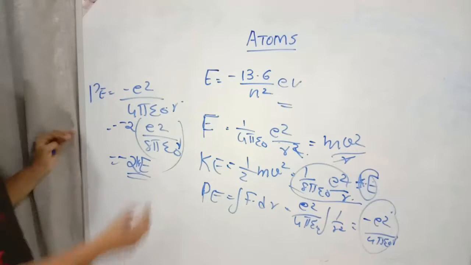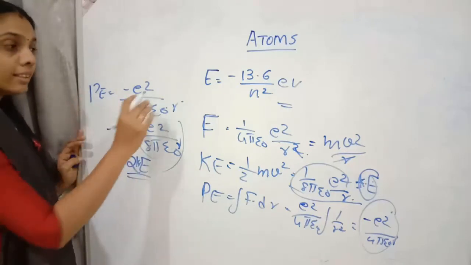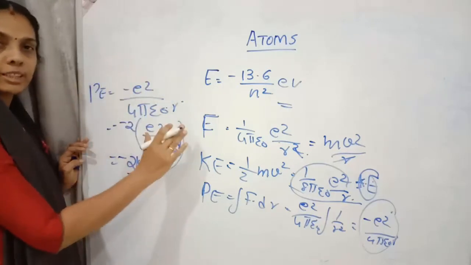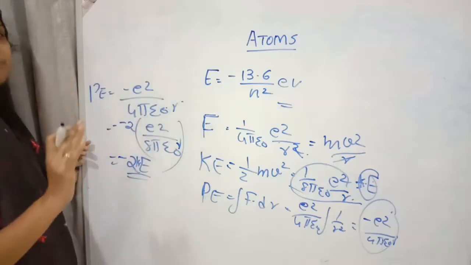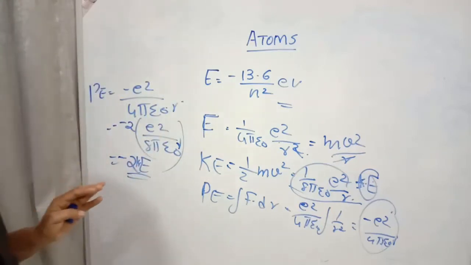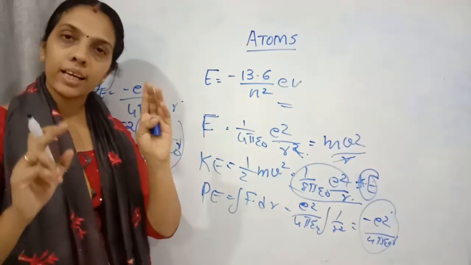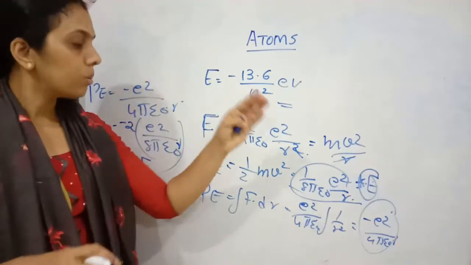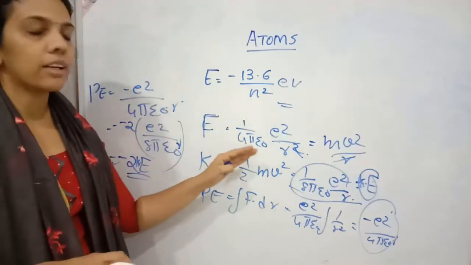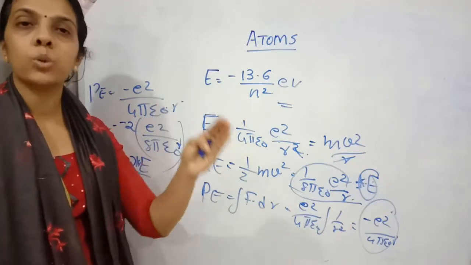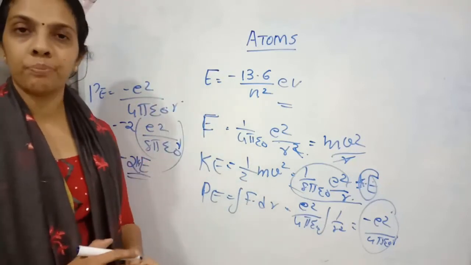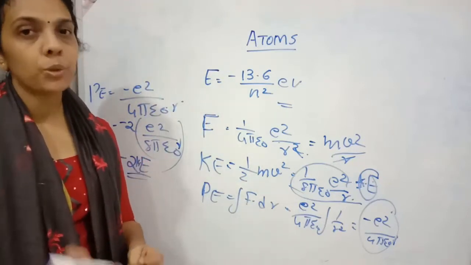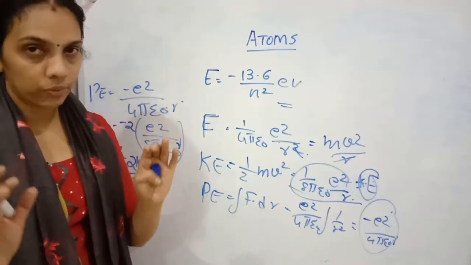Then what will be the total energy of the electron in a hydrogen atom? The hydrogen atom has only one electron.